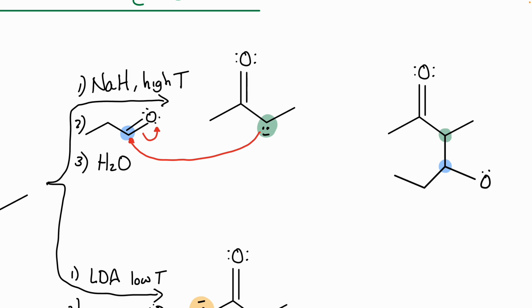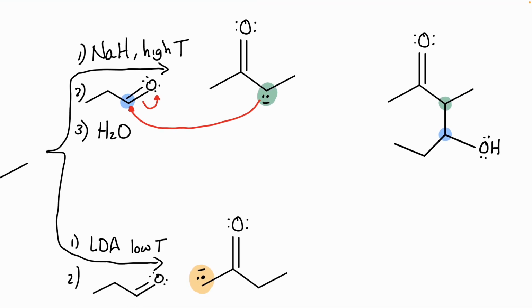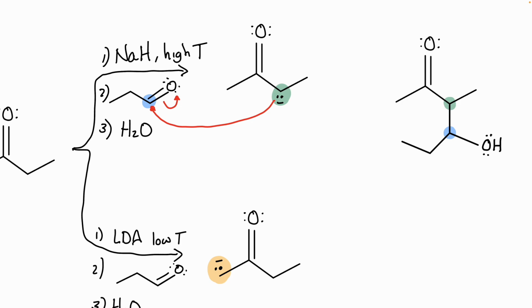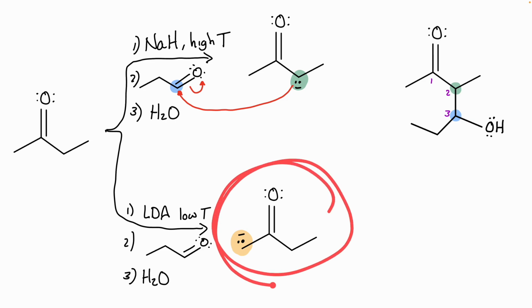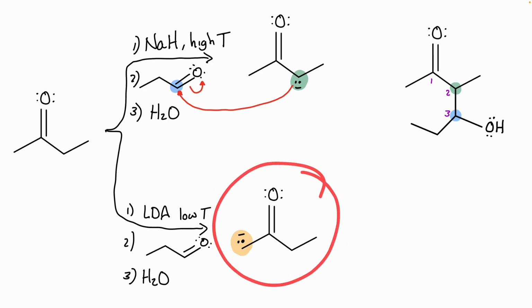All right, after that first step, we get this alkoxide ion, but again, we don't have a good leaving group, so when we do that last step, we will have protonated that oxygen. And again, we can tell that this is drawn correctly by looking at the spacing of those two functional groups. If you've not already, apply that same logic to our other enolate ion over here.